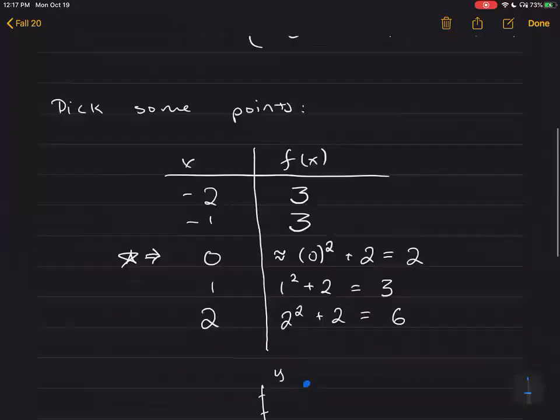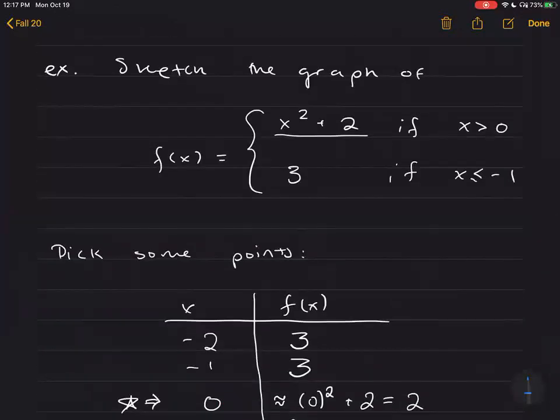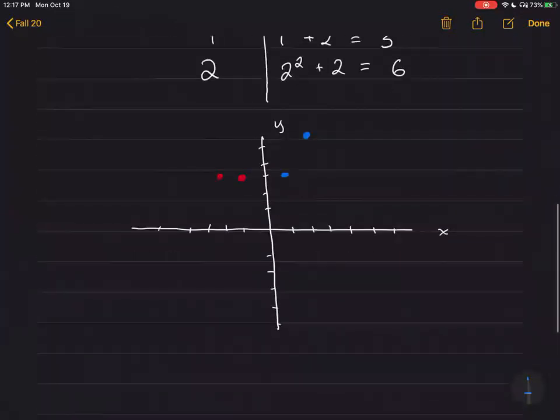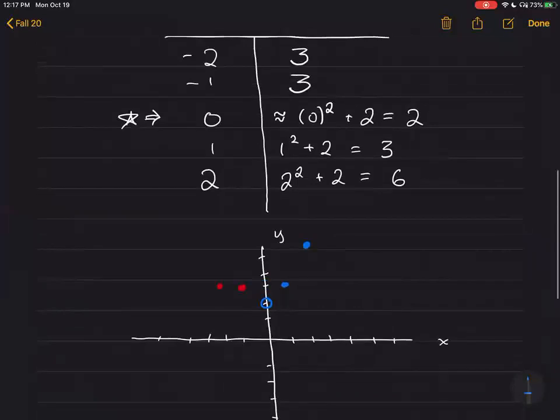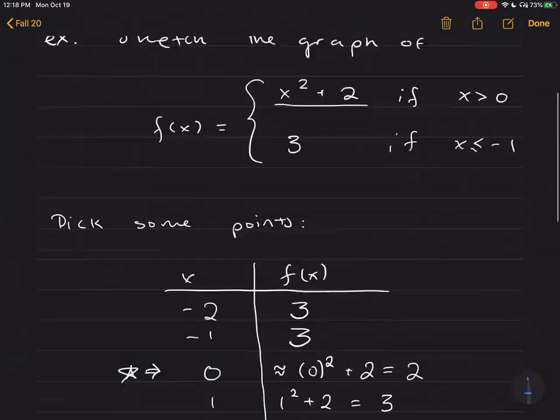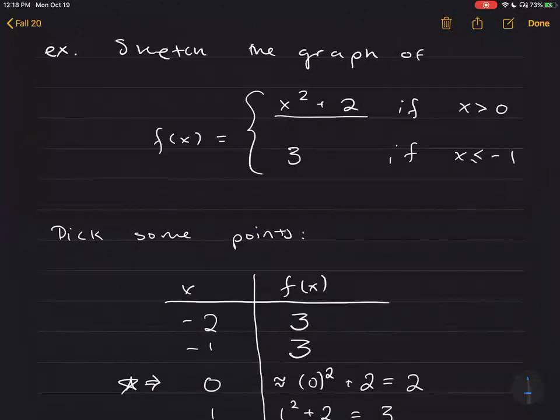And because it's strictly greater than 0, it's not defined there. This isn't a point, so this is going to be an open circle right here. And this is why we wanted to use the quadratic to graph it, because now we know where that open circle endpoint should be. And so now we know the top one is going to look kind of like a parabola.